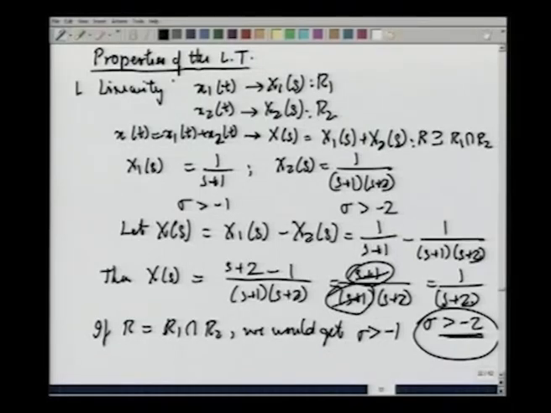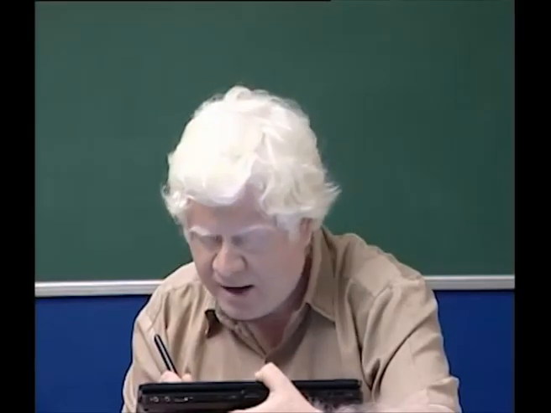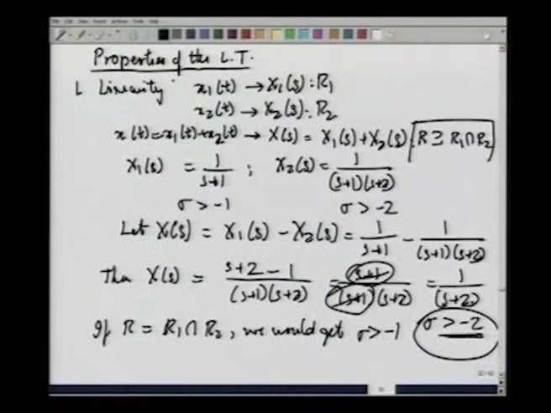It is this that has expanded the ROC. I presented this example to show you that these things can happen, and that is why we say that the ROC for the sum of two expressions is given by R superset of R1 intersection R2.